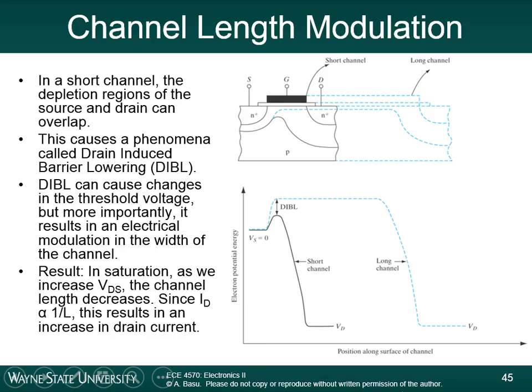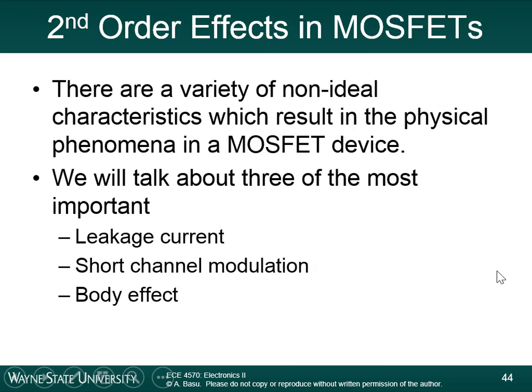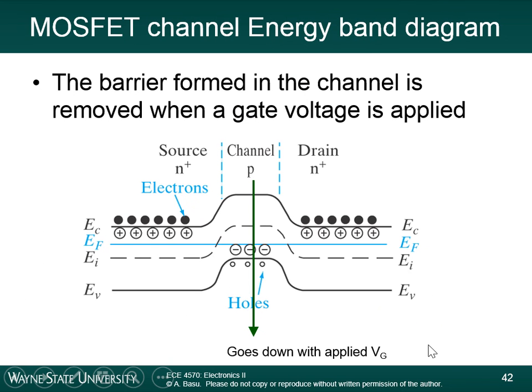Now, normally, if we're going across the energy band diagram from N-type to P-type to N-type, this is what the energy band diagram should look like. You have this energy barrier. This is called the barrier, how much the electrons would have to go up in energy in order to get into the channel.